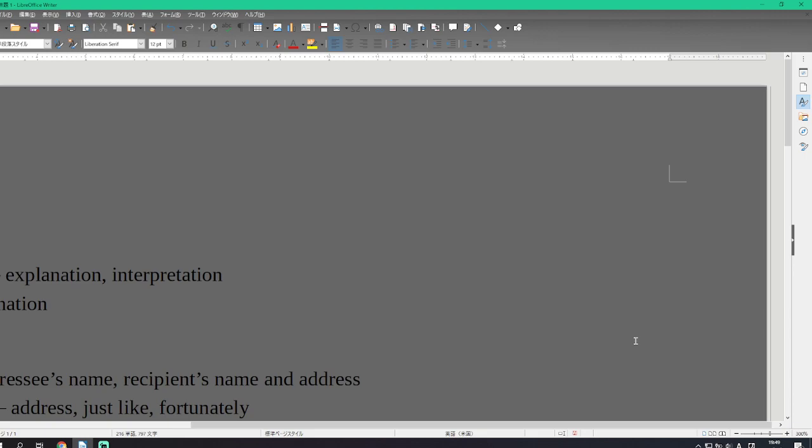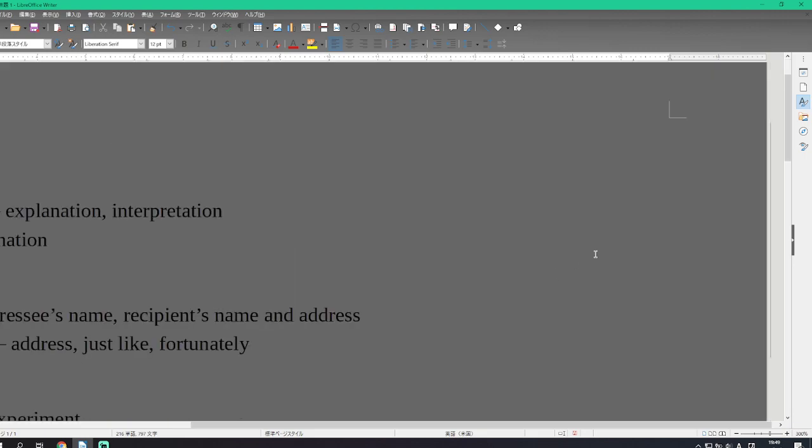Kaishaku. Solutions. Kaishaku is an explanation. Number 2 is atena, an addressee's name, recipient's name, and address.